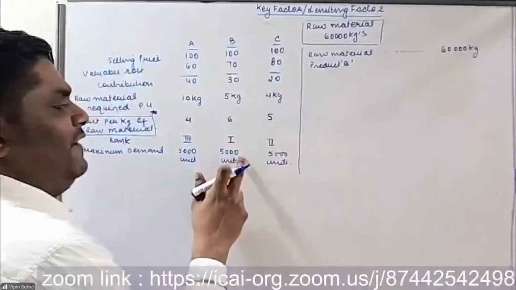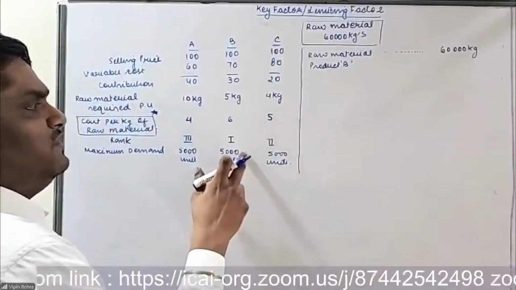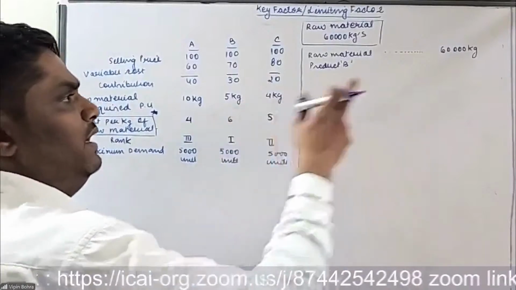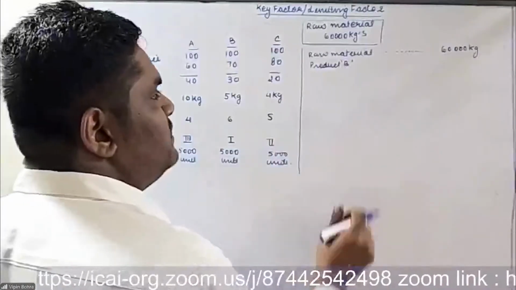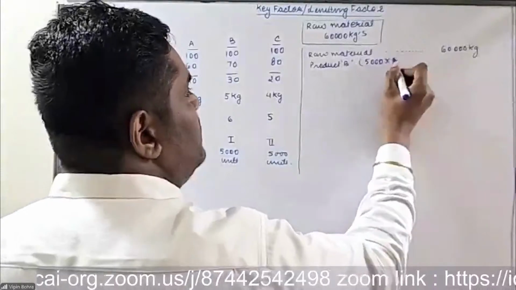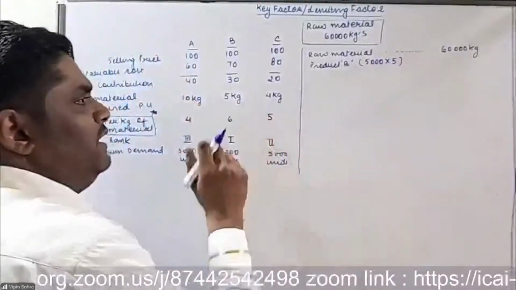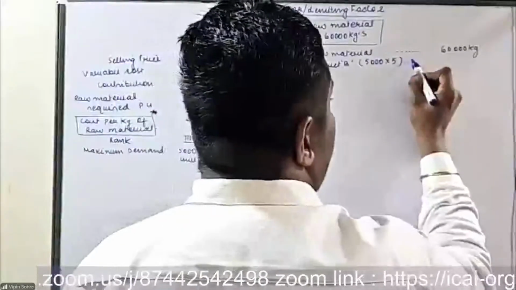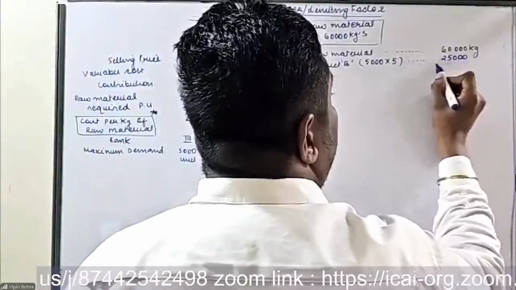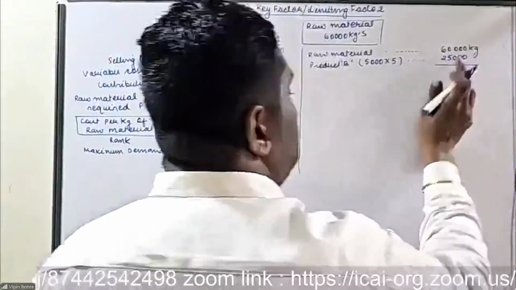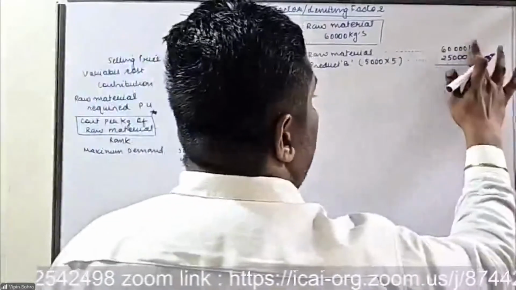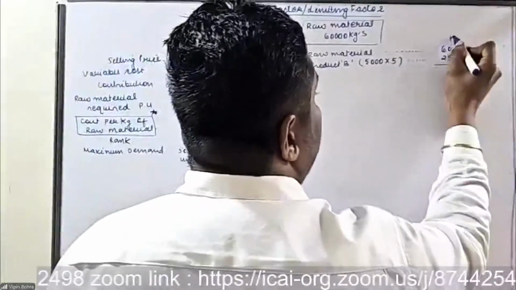The entire 5,000 units can be manufactured because 5,000 into 5, 25,000 kgs of raw material is required, and we have 60,000 kgs in stock. So out of 60,000 kgs, 25,000 kgs are gone. We are left with now 35,000 kgs.